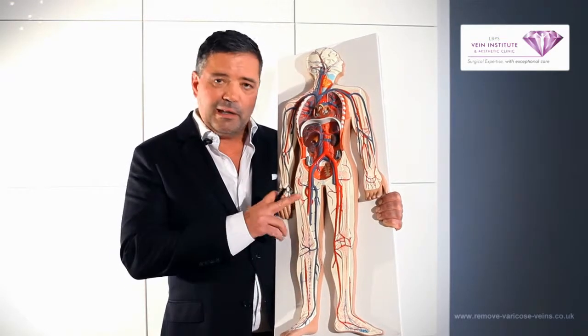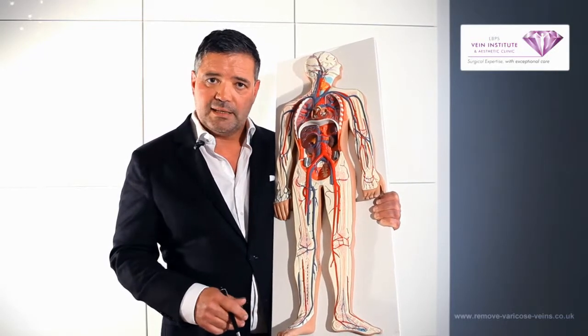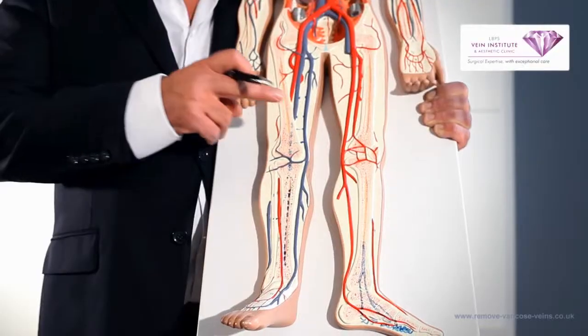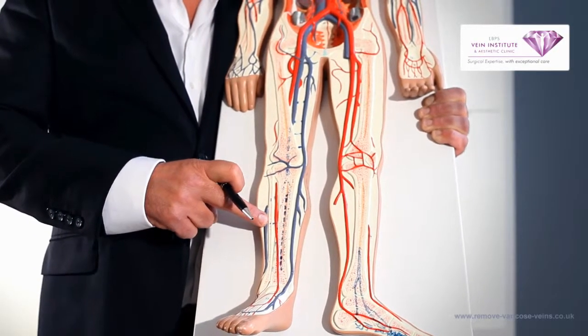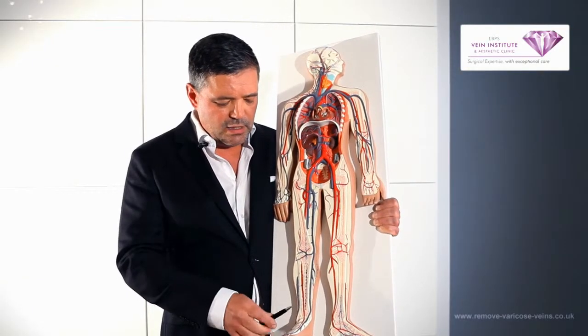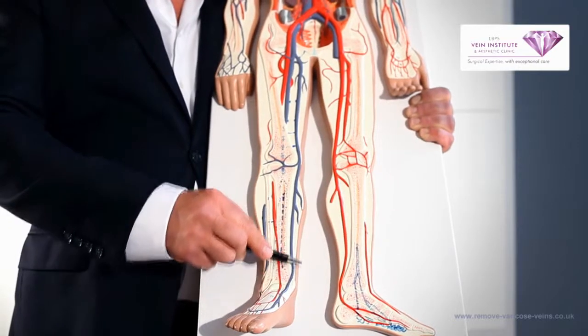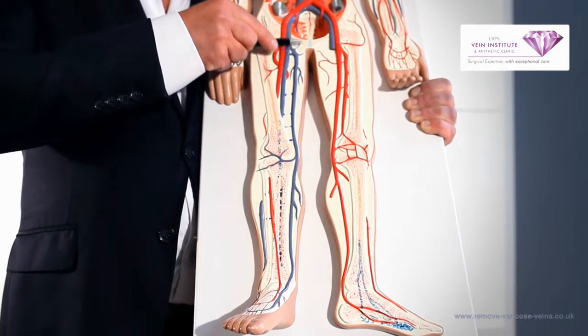So all unsightly varicose veins or spiders and threads are normally caused either by the great or small saphenous veins, sometimes by both. Normally the blood should flow back to the heart, climbing up the veins all the way up.